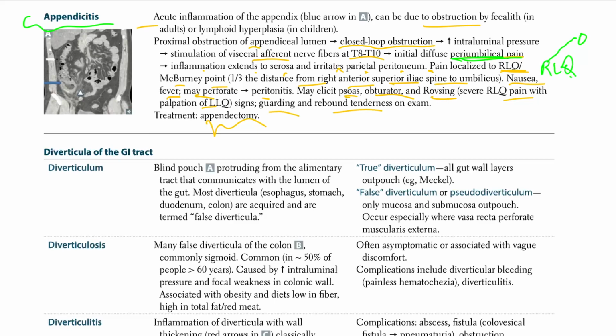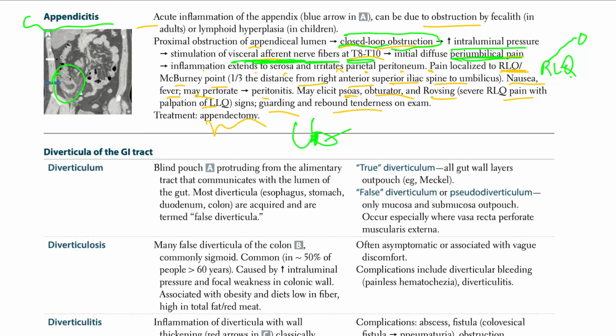Because when you close that loop, when you obstruct the appendix, it first of all increases the intraluminal pressure because of obstruction, which leads to stimulation of the visceral afferent nerve fibers at T8.